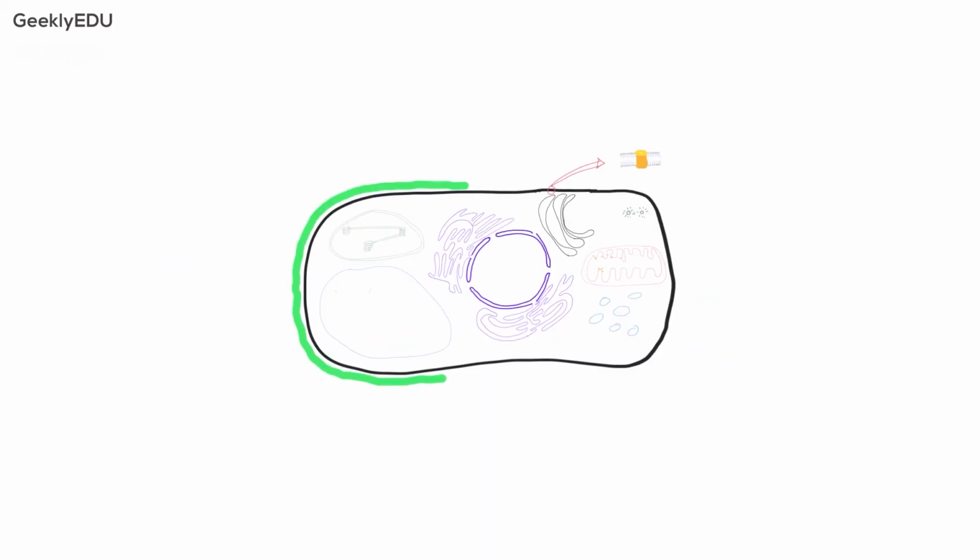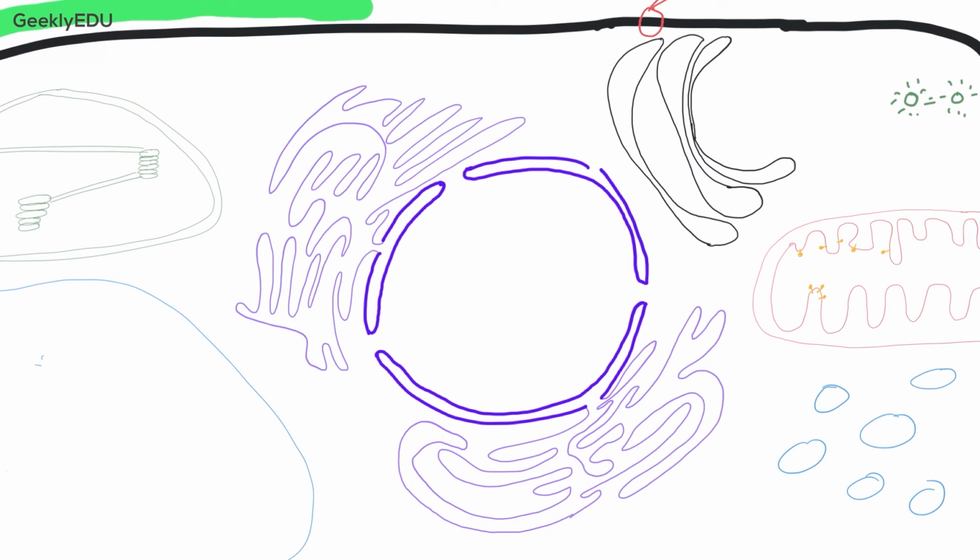Now, quickly talk about a few important organelles. So starting from the organelle that almost engulfs the whole nucleus, and that organelle is endoplasmic reticulum. Now, endoplasmic reticulum, or simply called an ER, can be of two types.